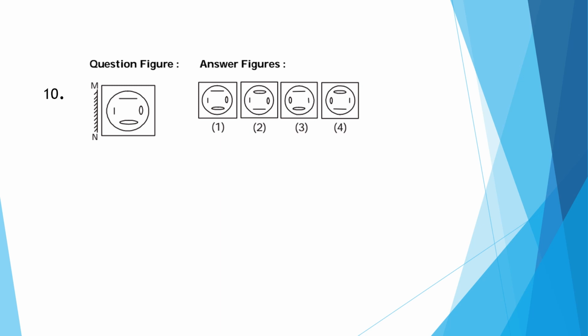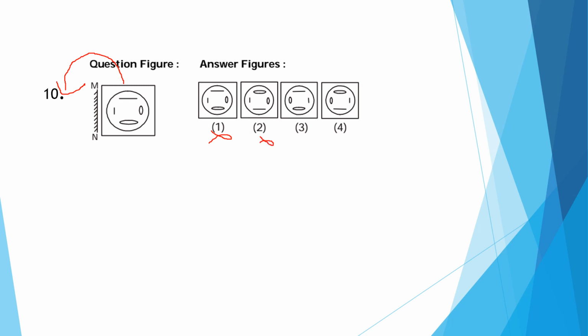Next, find out the mirror image of this diagram. The mirror image comes in this direction, so this round eye comes to the left side. Observe the answer figures. The first one is as it is in the question, so wrong.